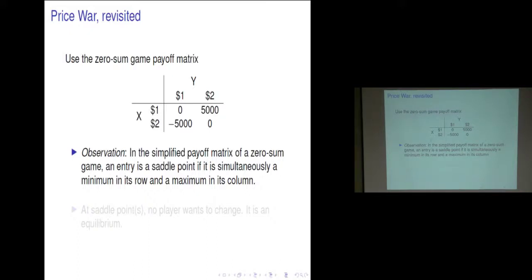For example, in this entry, 5,000, if company X sells the water at $1 and company Y sells at $2, then X has an advantage, so he will get a positive $5,000, and Y will lose that amount, because the total is 0. Okay, so this is the setting.